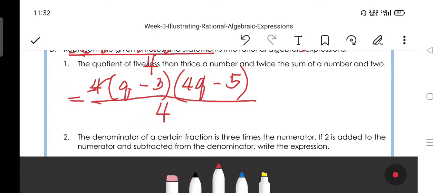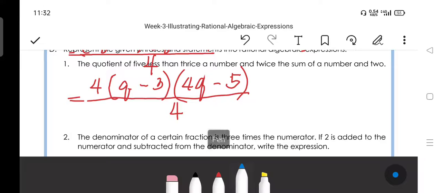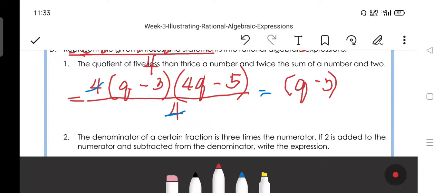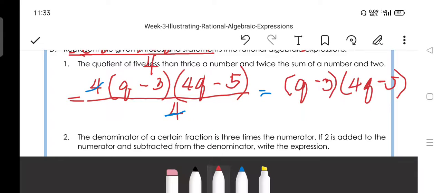So we can cancel this out, over 4. Cancel 4 here. That means the remaining factors are q minus 3 times the quantity 4q minus 5. Okay, that's it. So these are now the factors.